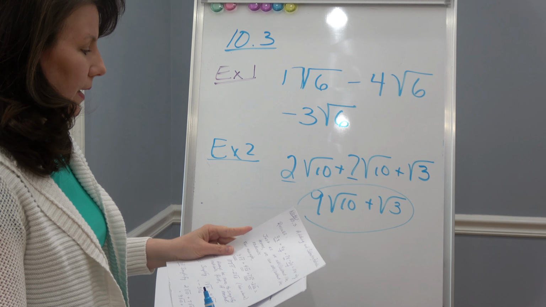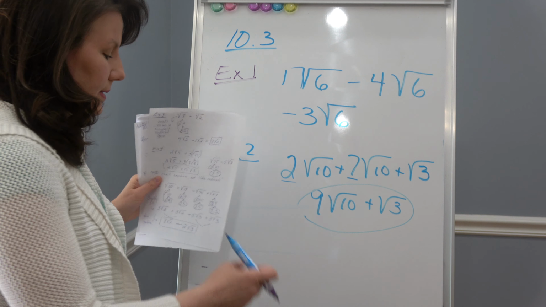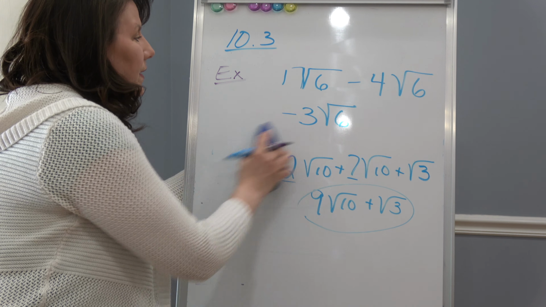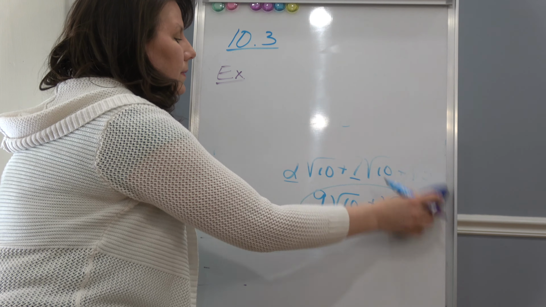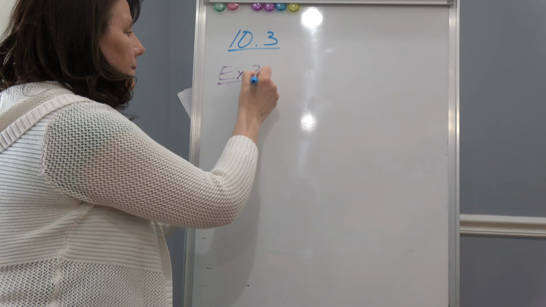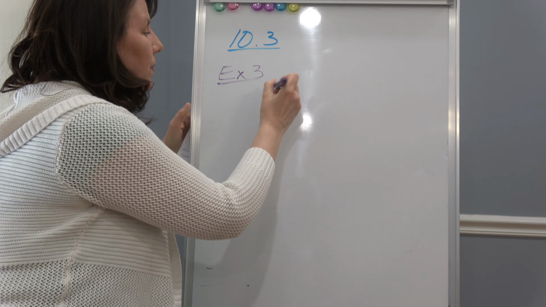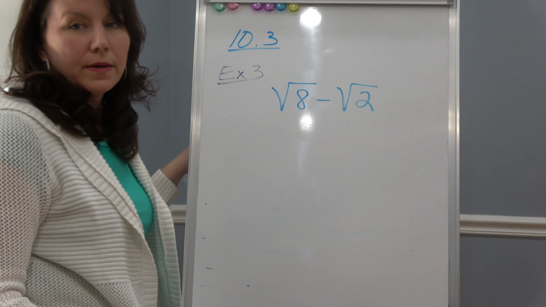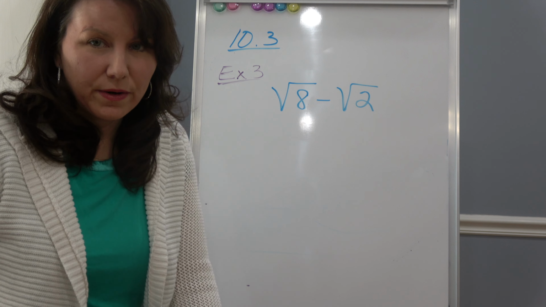Now, we know that they're not all going to be as quick as that. So here's when you need to do some simplifying first. Okay. So if I had the square root of 8 minus the square root of 2. Okay. Don't say square root of 6.